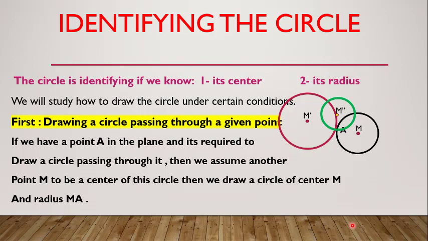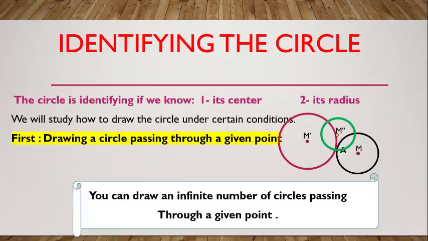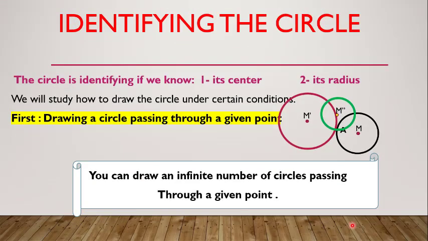So if you want to draw a circle passing through a point, you can draw an infinite number of circles. You don't have the center, you don't have a radius, so you can draw an infinite number of circles passing through a given point.